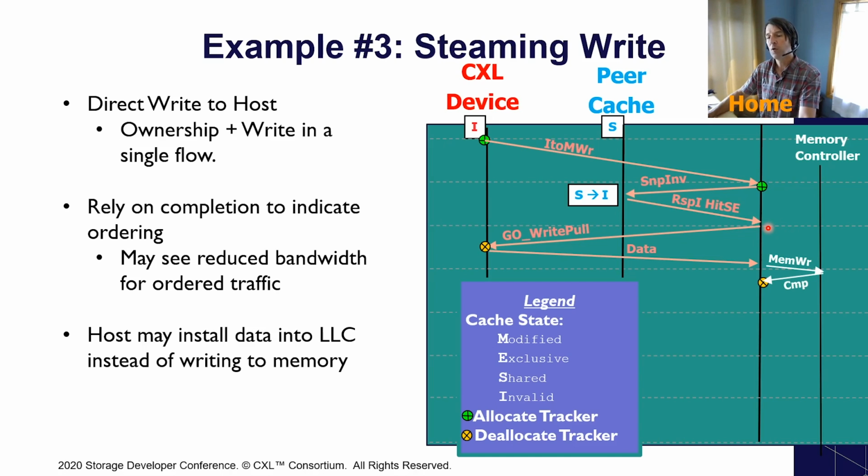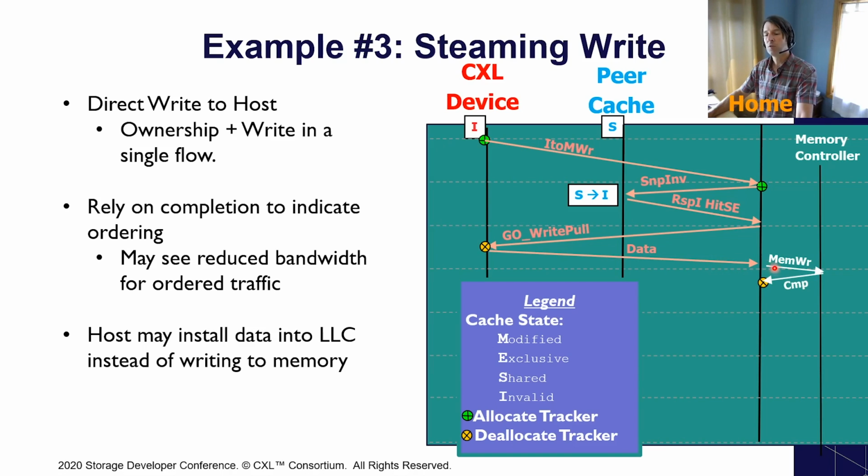Once that's done, the home agent sends the go write pull message to the device. This tells the device two things. One, that the data that it has is guaranteed to be globally observed by any future access. And second, that it wants the data to be sent. So after it gets this message, it will send the data.